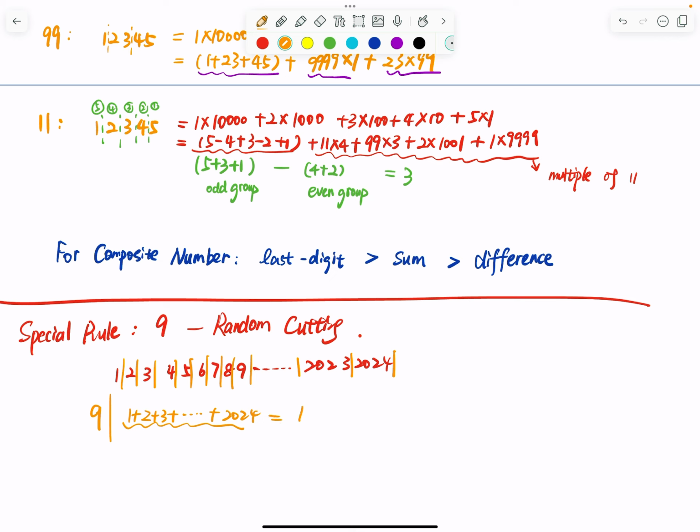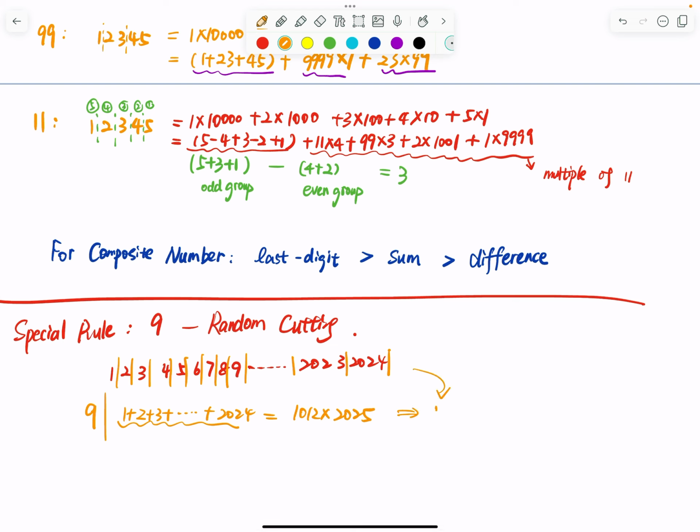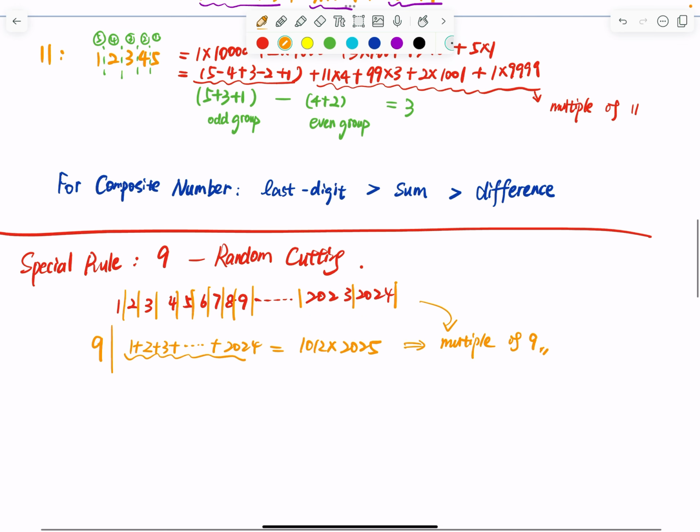This is actually 1012 times 2025. You just need to check whether this can exactly divide by 9. Of course it can. So that means this part is a multiple of 9. So for 9 we can use random cutting.